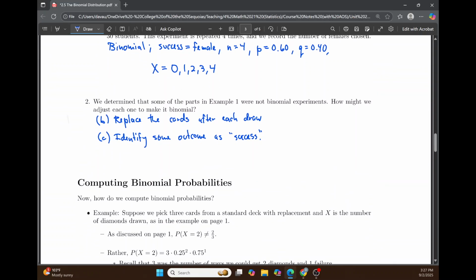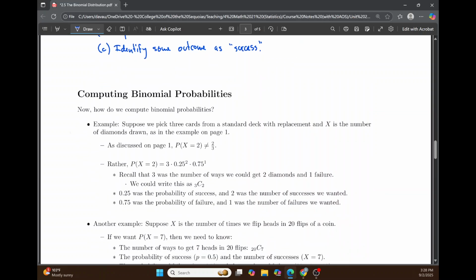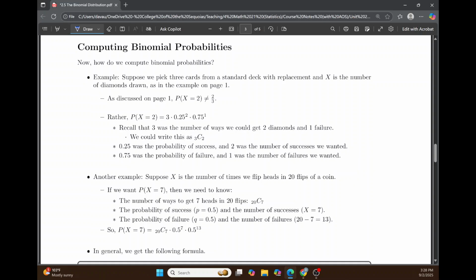So now that we know how to identify a binomial experiment, let's talk about computing binomial probabilities, right? Going back to the example from page 1, suppose we pick 3 cards from a standard deck with replacement, and X is the number of diamonds drawn. So then X would be a binomial random variable, and this would be a binomial experiment.